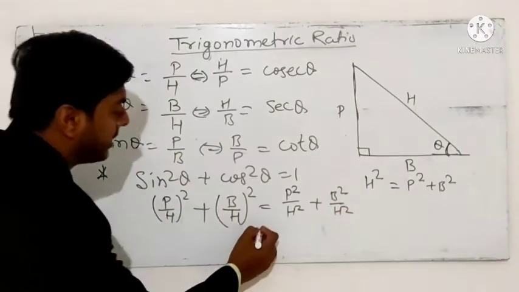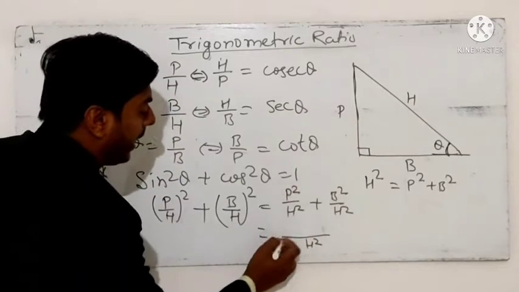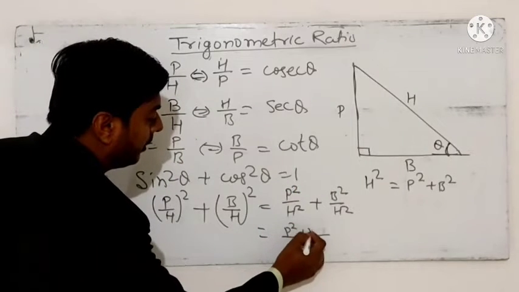Then take the LCM, and it gives p square plus b square over h square.